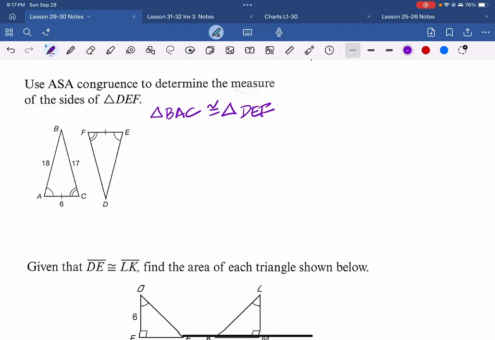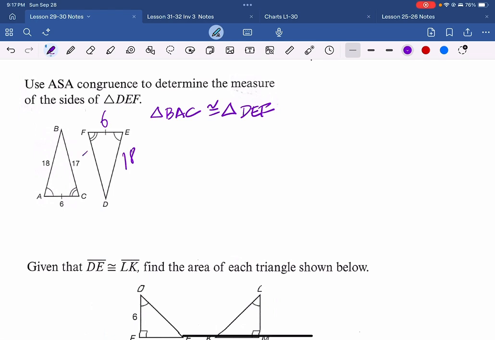Okay. Now, looking at this, I can tell that BA and DE are congruent. So if this one's 18, then this one's 18. You understand? Now look over here. AC and EF go together. So if AC is 6, then EF is 6.